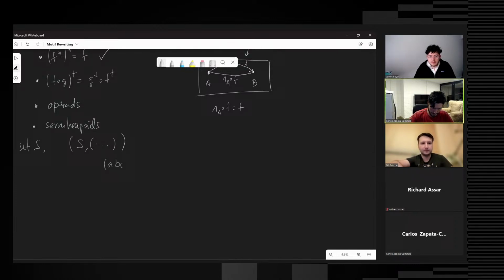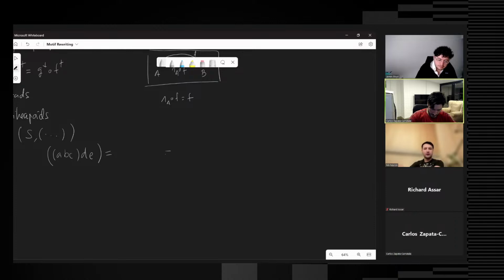A, B, C, D, E. These are generic elements in S. So this is exactly what you would write as associativity when you have 3 elements in your operation, right? You put a product and then that product inside a product. So I'm gonna leave the middle one a mystery for a second, because the right hand side looks intuitive.